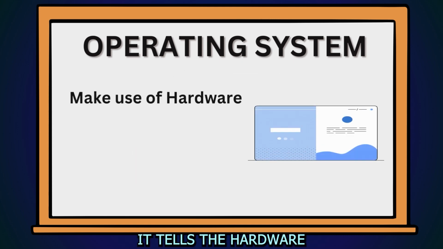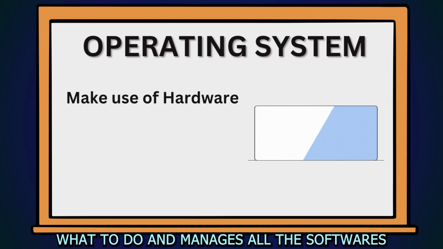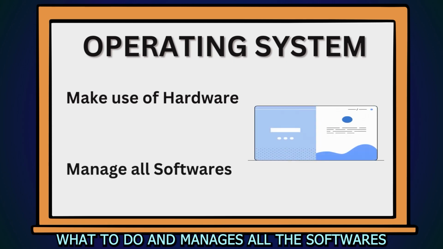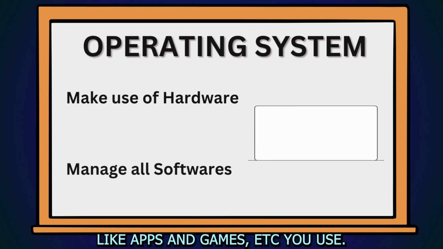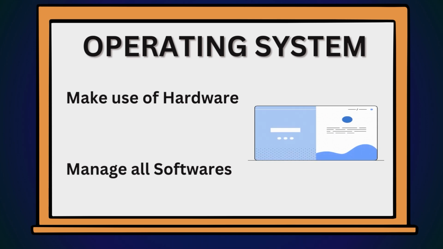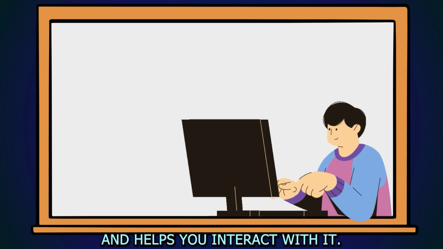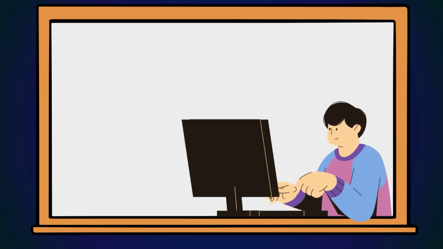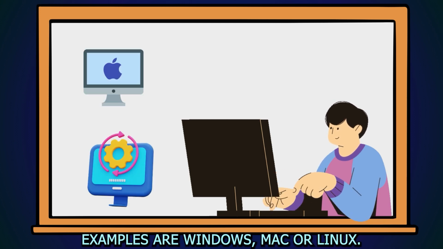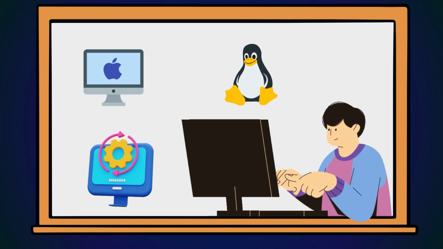It tells the hardware what to do and manages all the software like apps and games you use. The operating system makes your computer work and helps you interact with it. Examples are Windows, Mac, or Linux.